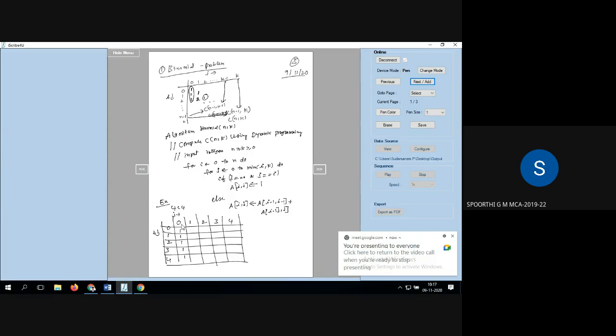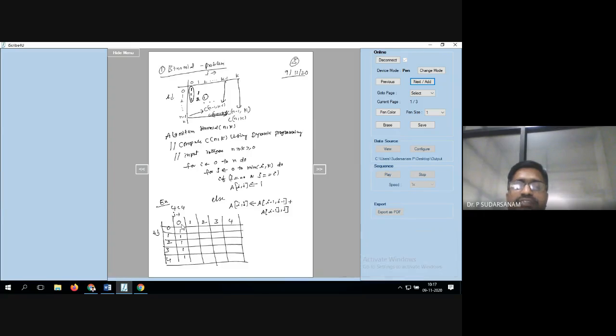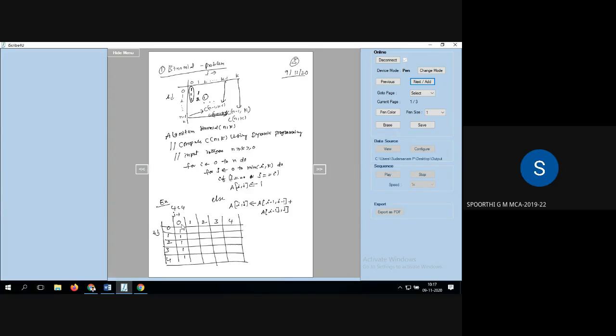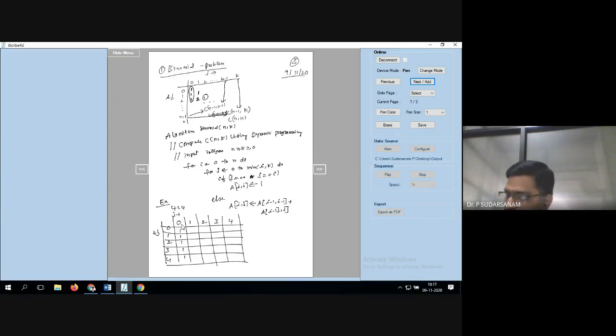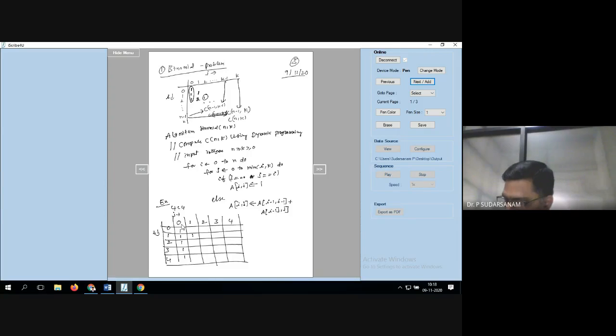Madam, here the algorithm is visible, no? What we have written: j is equal to 0 or j is equal to i. That's this statement. If both are satisfied, A of i comma j is equal to 1. Now 1 comma 1 is to be calculated here. When we are calculating 1 comma 1, i is equal to j. So the condition is true, which means A of i comma j, what value have you assigned in the algorithm? 1, sir. So I write 1.